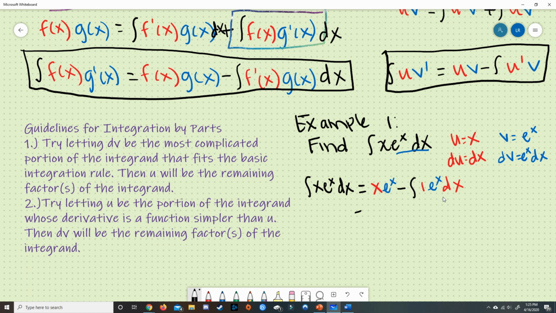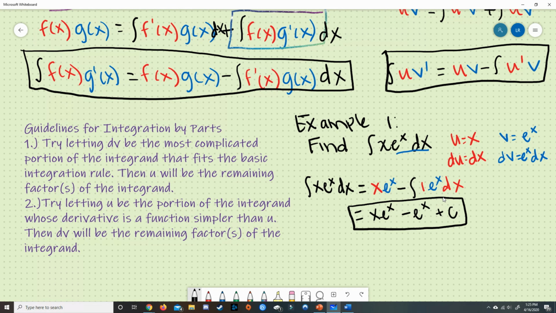So this is going to become x e to the x minus, well, the integral of e to the x dx is just e to the x. Don't forget the plus c because this is the general solution. That is what the integral of x e to the x dx equals using integration by parts.